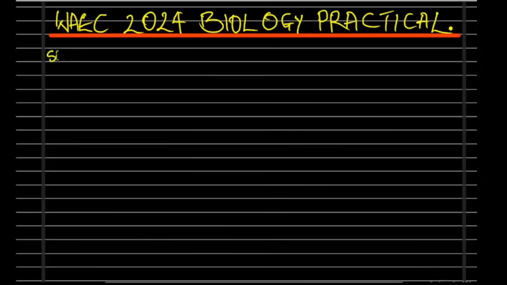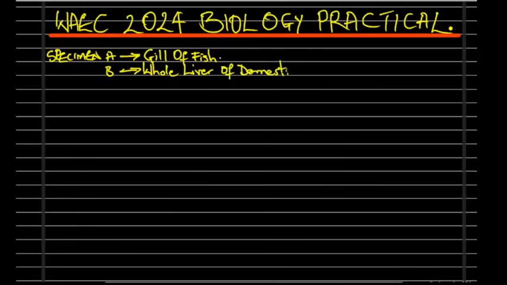Specimen A is the gill of the fish. And then we have B, the whole liver of domestic fowl, with the gallbladder.